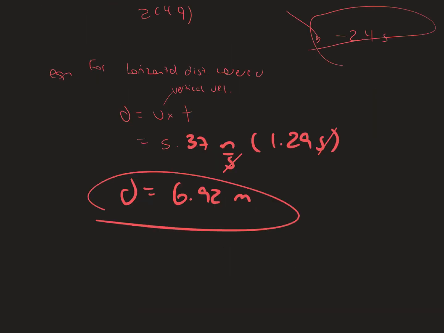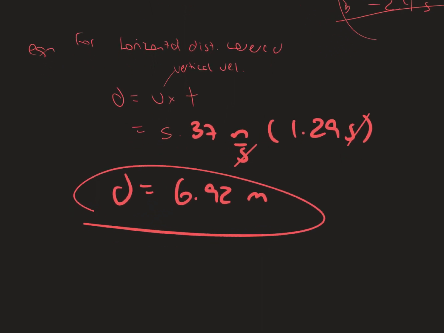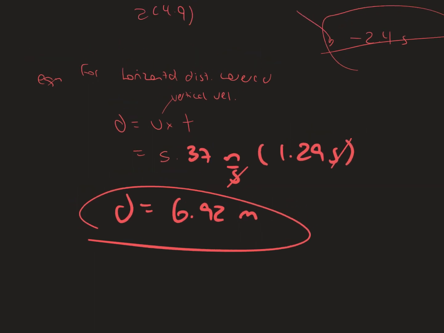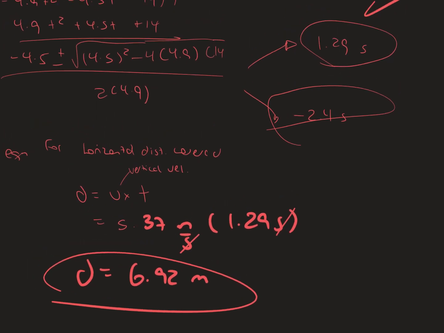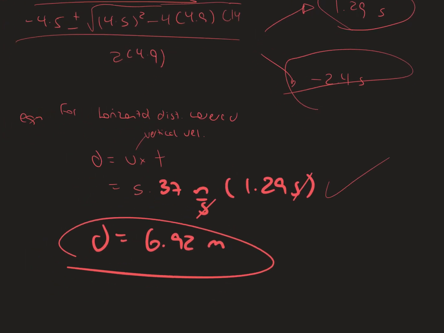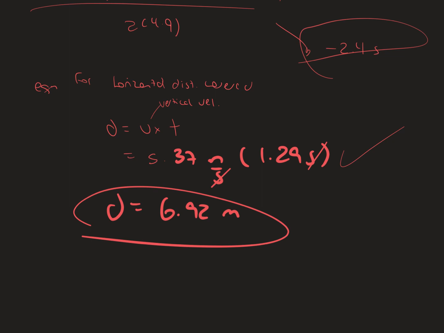Next thing we're going to use is the equation for the horizontal distance covered. And this is going to be displacement being equal to u, representing the horizontal velocity, by the time that we just found using the quadratic formula, which was 1.29. So we're going to multiply the 5.37, the horizontal velocity, meters per second, times 1.29 seconds.